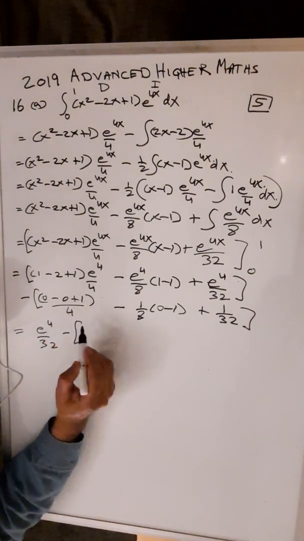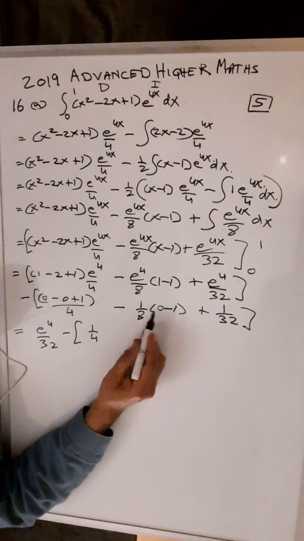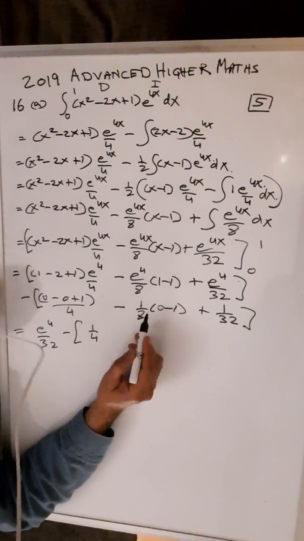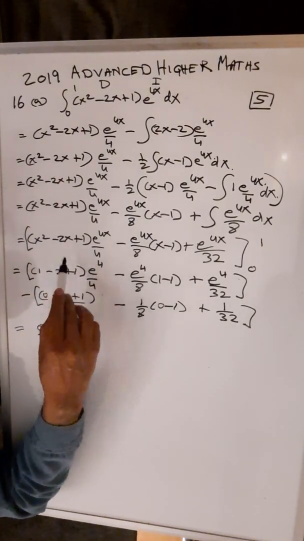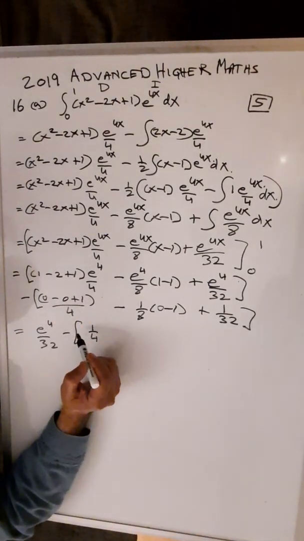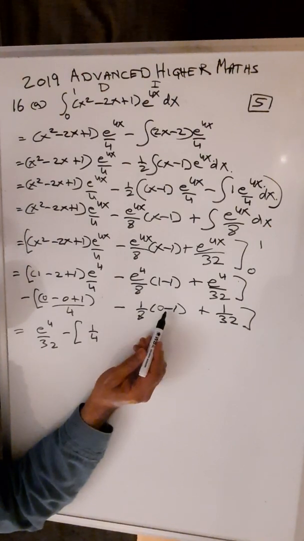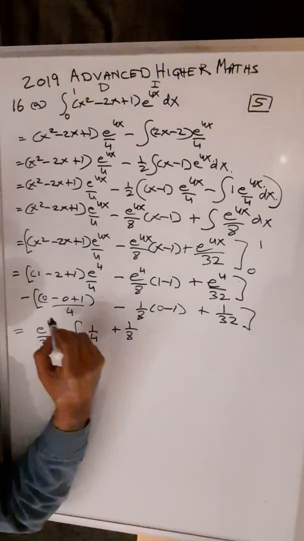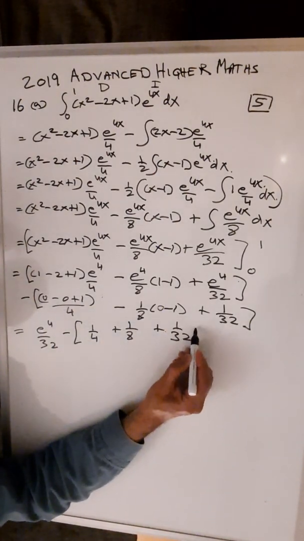Inside, you've got 1 over 4 minus 0 minus. Okay, so you've got 1 over 4. And you've got minus there, so that's going to give you minus plus 1 over 8. And you also have 1 over 32.